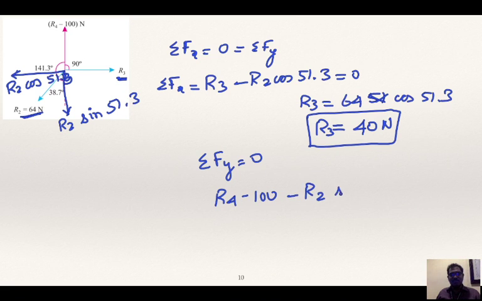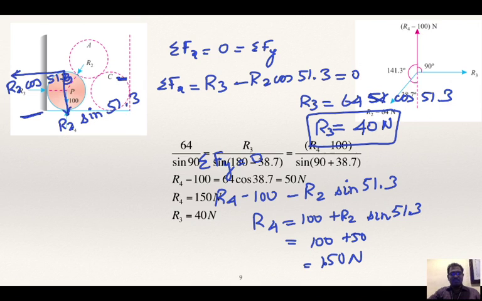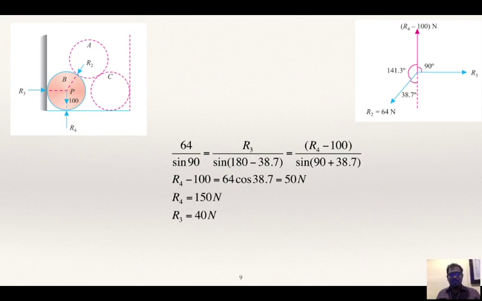So R4 is equal to 100 plus R2 sine 51.3. If we calculate that, it is 100 plus 50, you are going to get a value of 150 Newton. So R3 is 40 and R4 is 150 Newton. If you compare with the previous slide, you will get the same answers that are present in your Lami's as well as your equilibrium of forces.